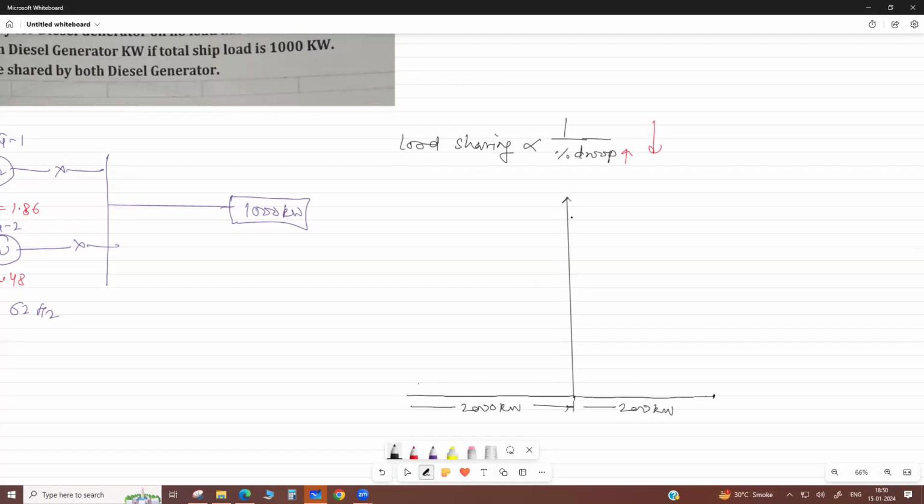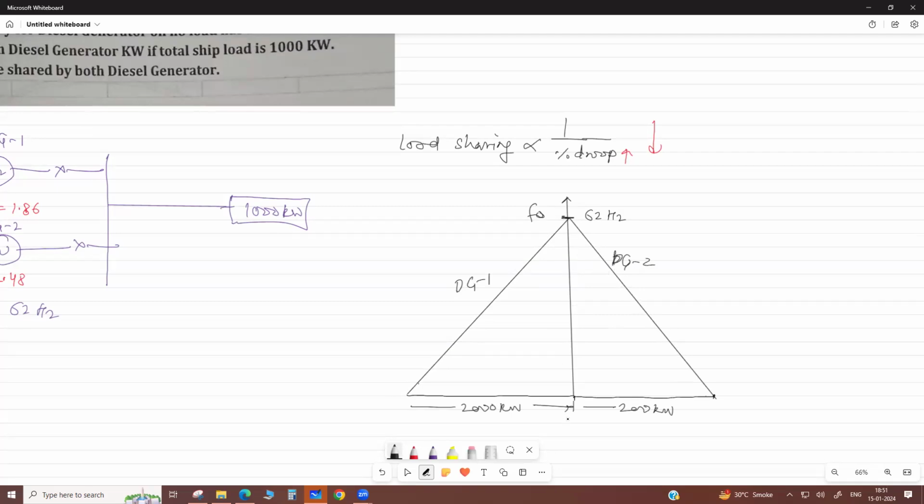Now the no load frequency is 62 hertz, F naught. When they operate individually at full capacity, this is the curve. Same for machine DG2 also. This is DG1, this is DG2.